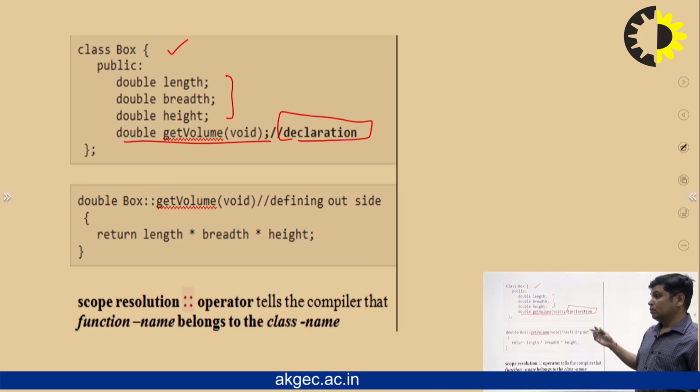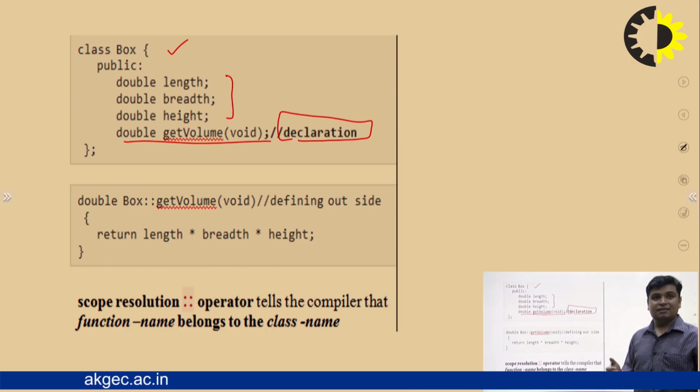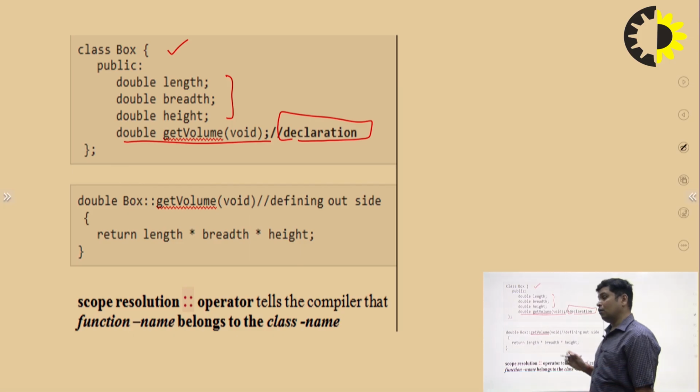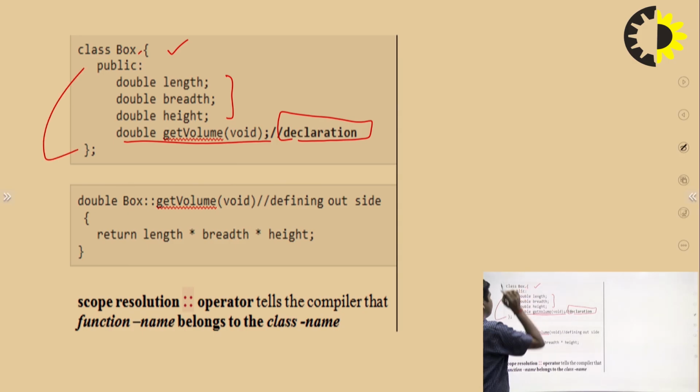Now the question comes to mind: we are going to define this declared function outside the class. Outside means outside the body of the class. This is the body of the class.